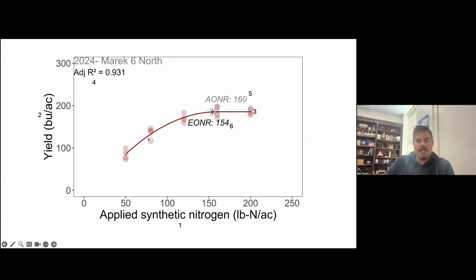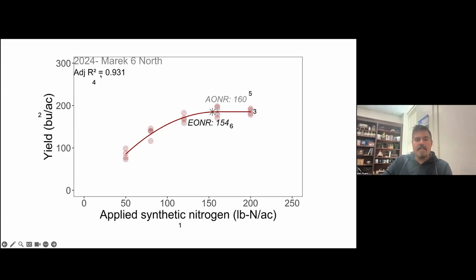Nitrogen gets applied and yields go up to a point, and then yields don't start to go back down again. We're not working in any sort of toxic levels of nitrogen. It's just that yields don't increase. So the response function that generally best fits most response curves is a quadratic plateau. It increases with a quadratic function, and to a certain point, then it flattens out. And that's all that means.